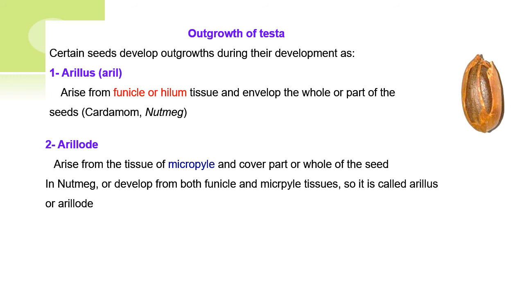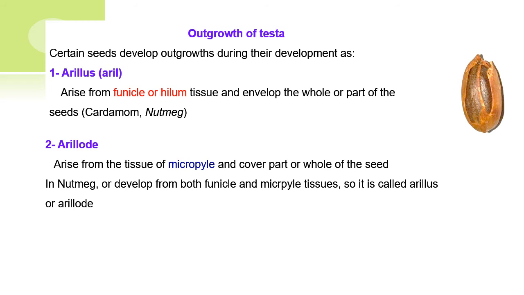This is the shape of the aril arising from the funicle or hilum and covering the seed completely or part of the seed. Arillode arises from the tissue of the micropyle and covers part or all of the seed. So both structures cover part or all of the seed, but the origin in arillus is derived from the funicle or the hilum, while the arillode is derived only from the micropyle or the tissues of the micropyle.